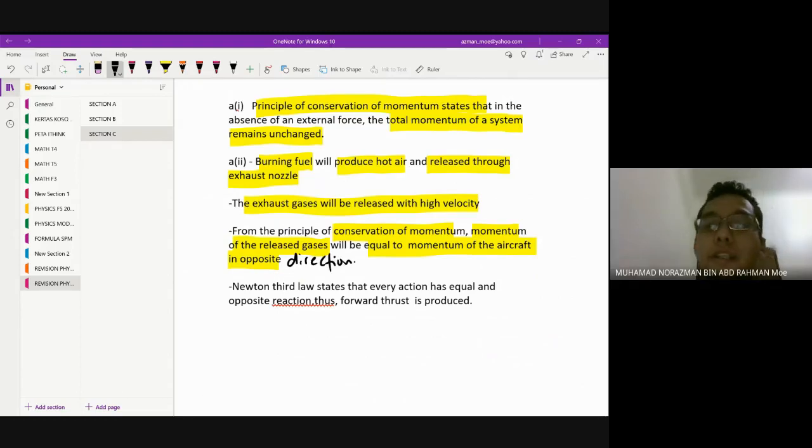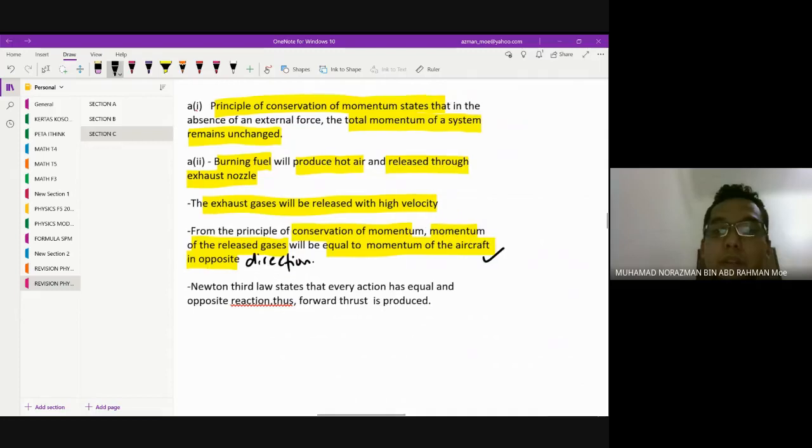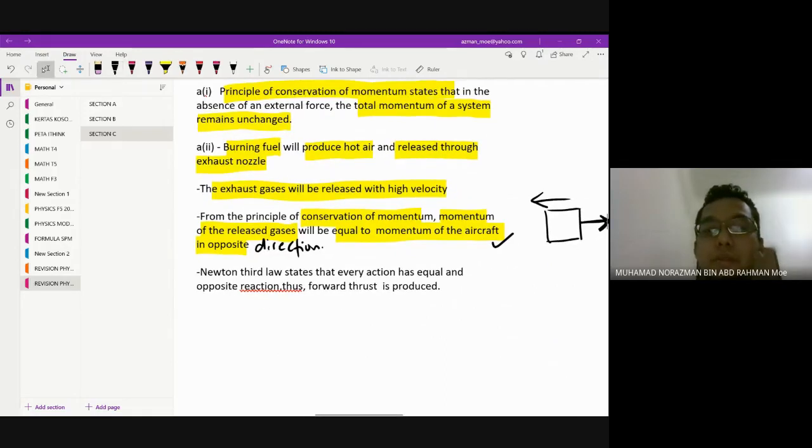Okay, so basically here we explain about the explosion. This is the jet engine, this is the gas. The gas will move in this direction, so the jet engine will move in the opposite direction. The momentum will be equal; the magnitude of the momentum will be the same.